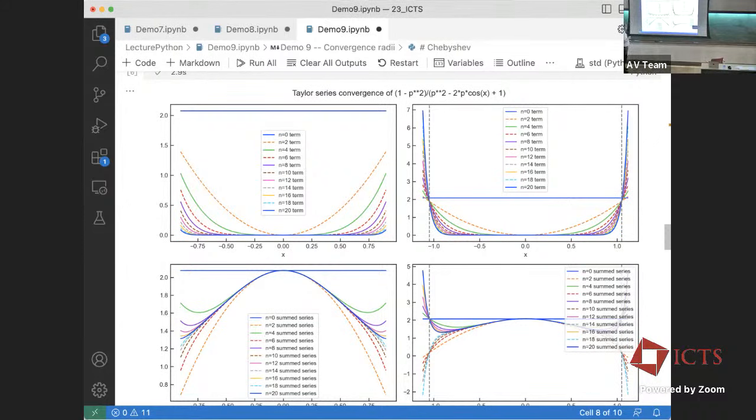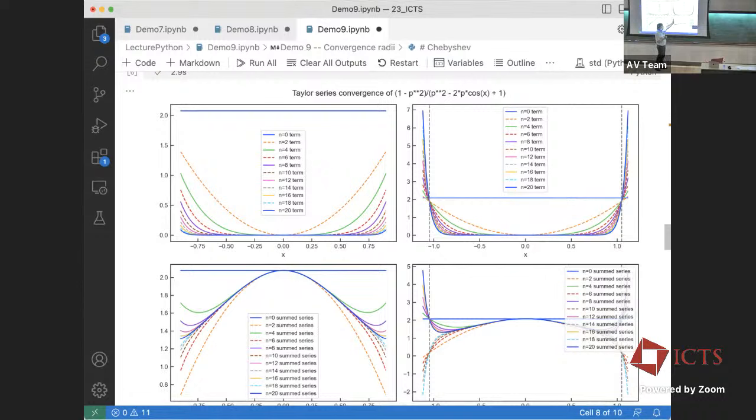The right panels plot the very same thing, except that I have increased the x range a little bit. And now if I'm going to somewhat more than x equals minus 1, you see now each individual term becomes larger than the one before. And the series as well becomes larger with each term that you're adding to it. So over here, the Taylor series is going to diverge.